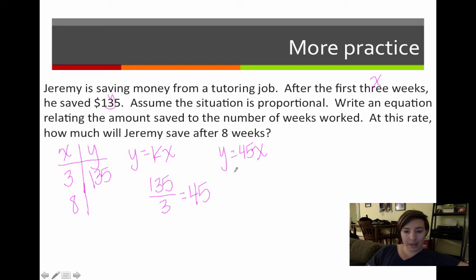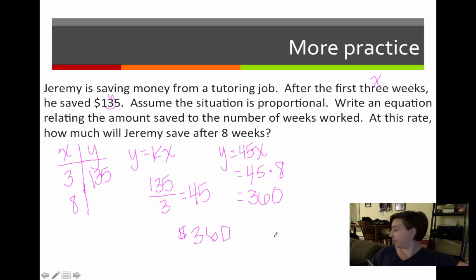We are given an x value of 8 in our new problem, so we want to know how much money he has after he's worked 8 weeks. 45 times 8 is $360. So 2 months in, 8 weeks in, Jeremy will have saved $360 from his tutoring job.